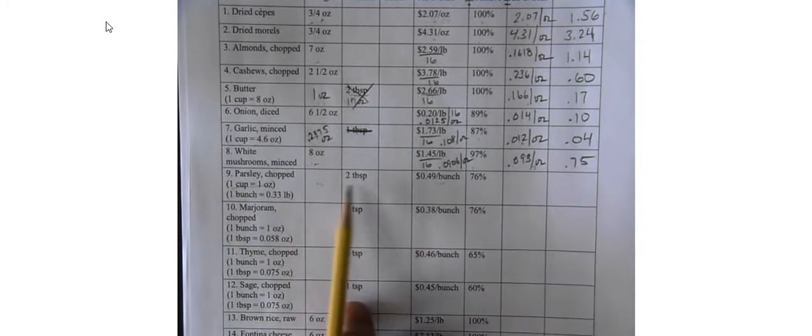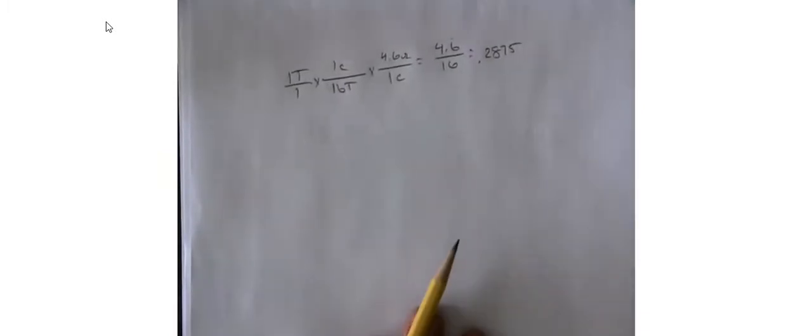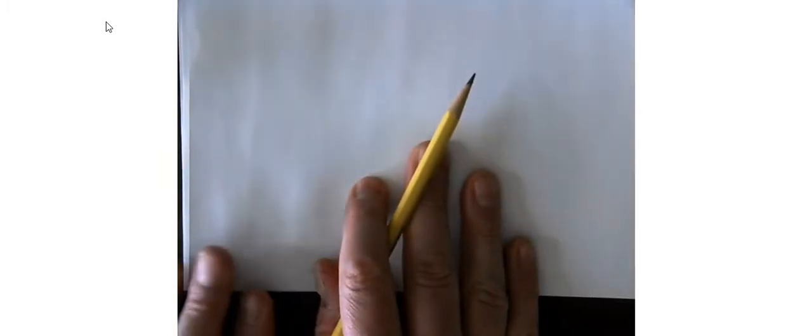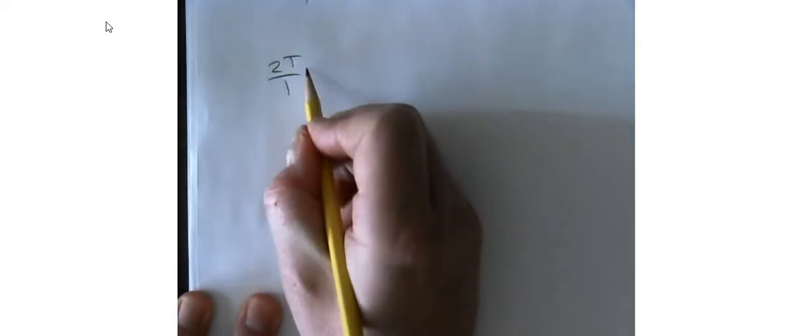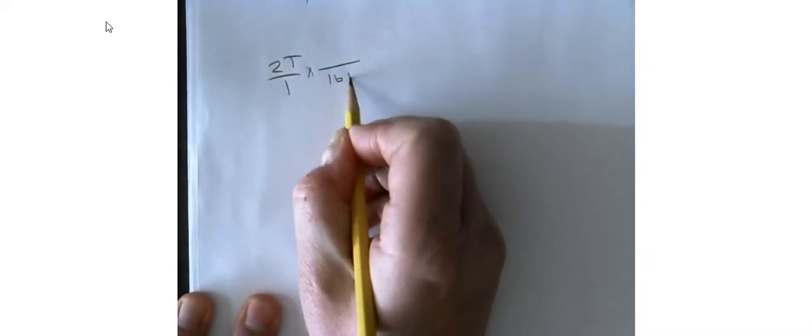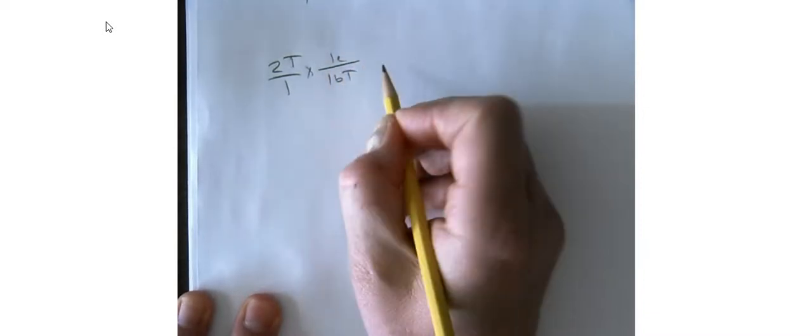All right, so 2 tablespoons. Two tablespoons of parsley. I know there's 16 tablespoons in 1 cup.